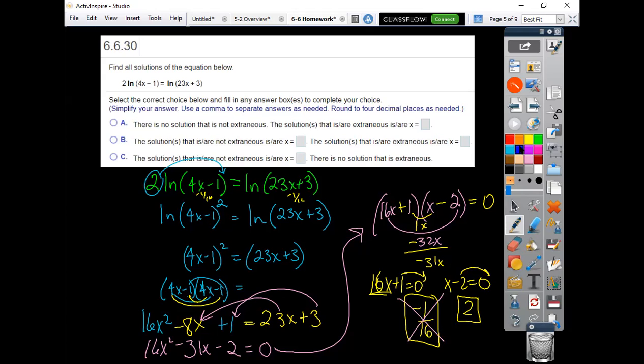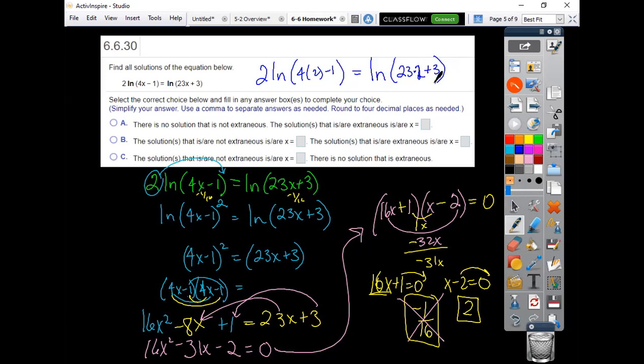If we tried this, you could do a 2 natural log to check your work, 4 times 2 minus 1, and see if that equals the natural log of the 23 times 2 plus 3, and I think those two sides will check to equal from what we just did down below, but I'm just going to do it on my calculator quick and just see. 4 times 2 is 8 minus 1 is 7, and that gave me like 3.89, and then let's see, the natural log of 23 times 2 is 46 plus 3 would be 49. And that's the same.